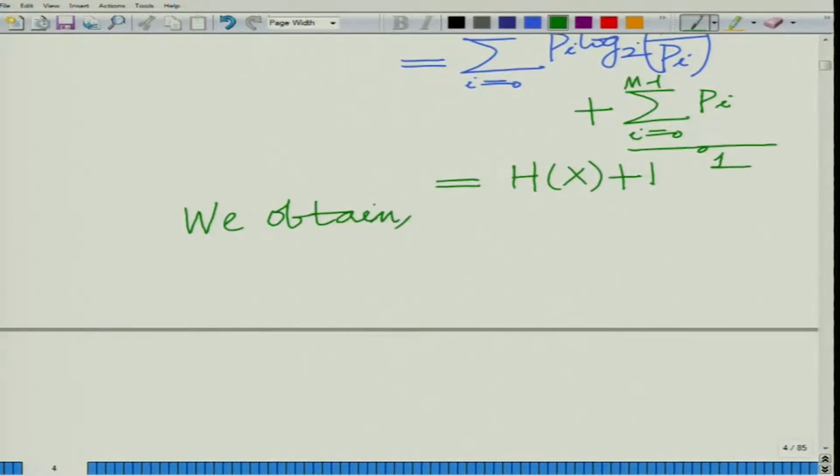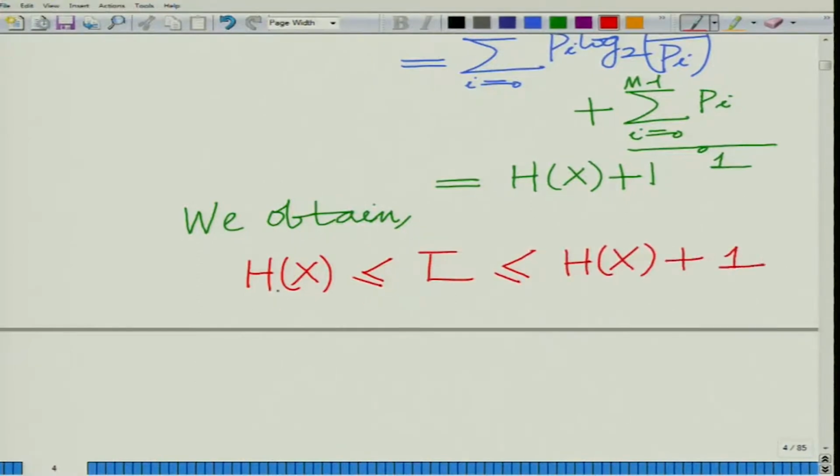And therefore, what we derive is the inequality H(X) less than or equal to L bar, less than or equal to H(X) plus 1.